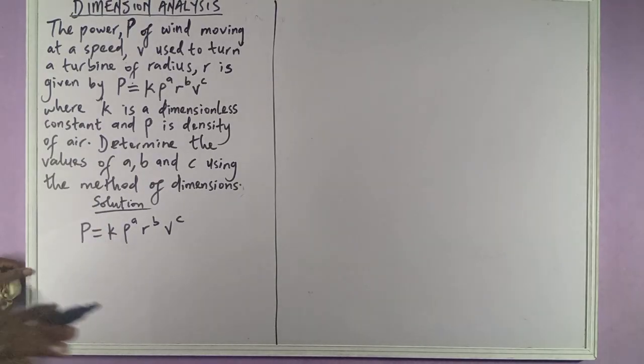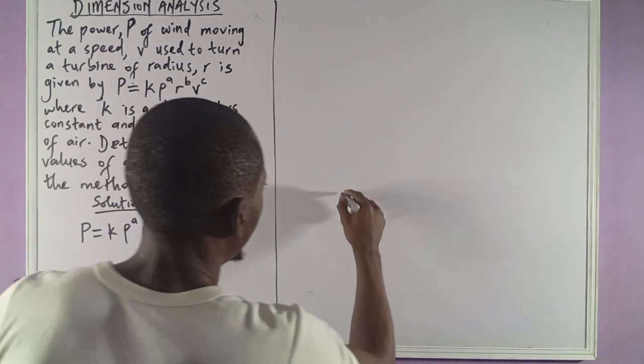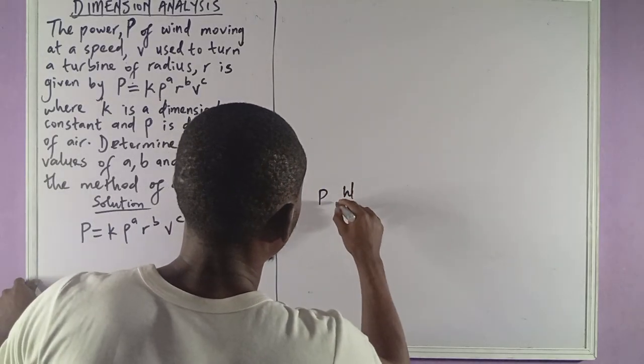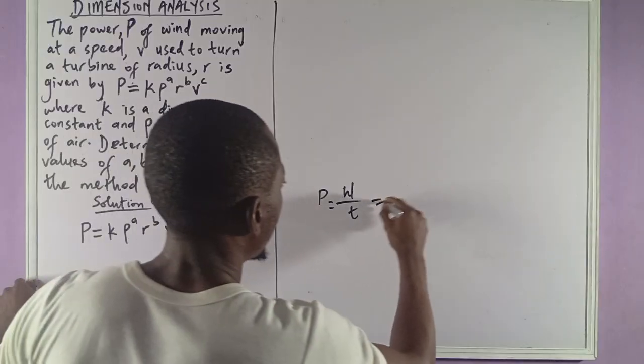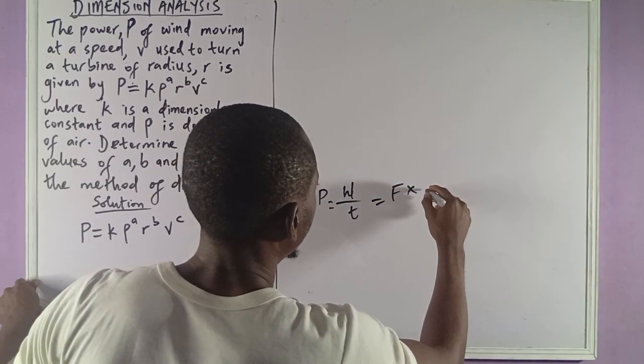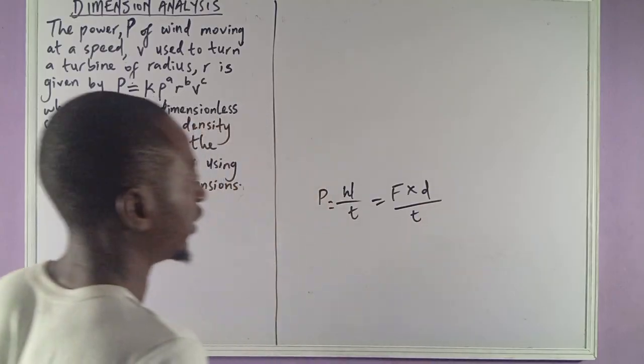So the dimension of power is, we know power is work done over time, and the work itself is force multiplied by distance or displacement, and we have over time.